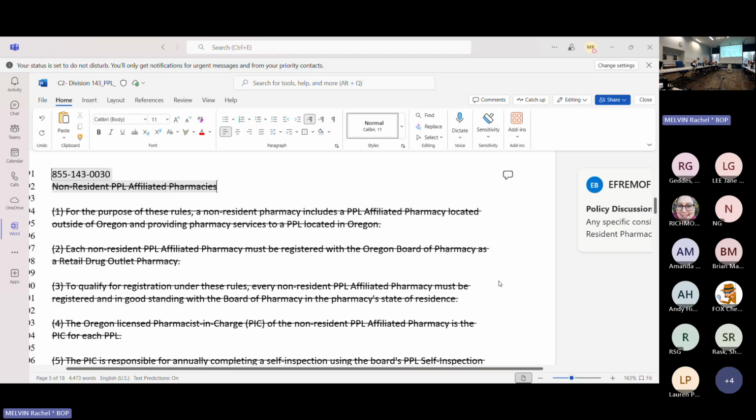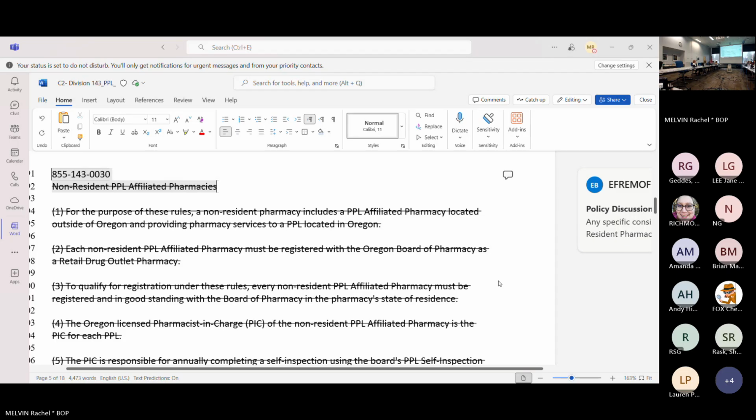Board member Chin? Member Chin is thinking about, if we don't have... they have to follow our rules, but we don't inspect them, and we're inspecting all of our in-state pharmacies that have any number of PPLs.